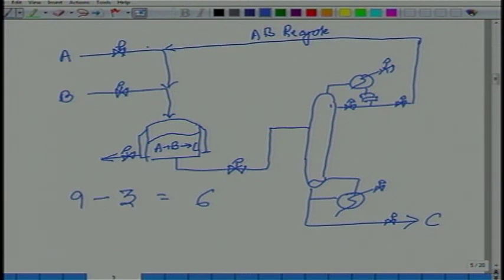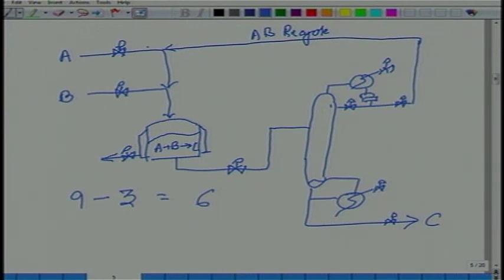What are those 6 degrees of freedom? 2 for the column, reflux reboil, 2 for the temperature and level, and 2 for the 2 fresh feeds. Does that make sense or no? How did you get 3? 2 levels, distillation column top, distillation column bottom, and pressure of the distillation column, vapor inventory, 3.